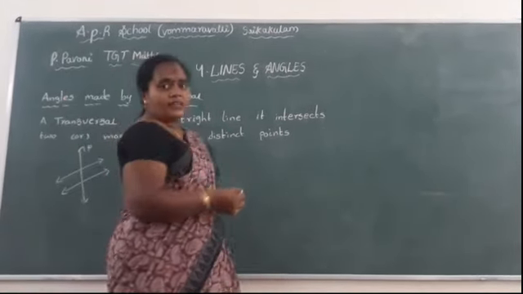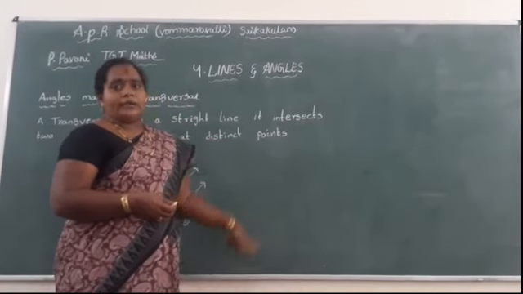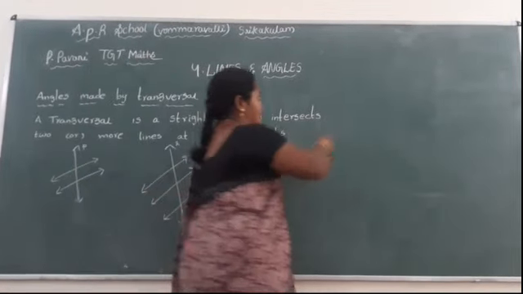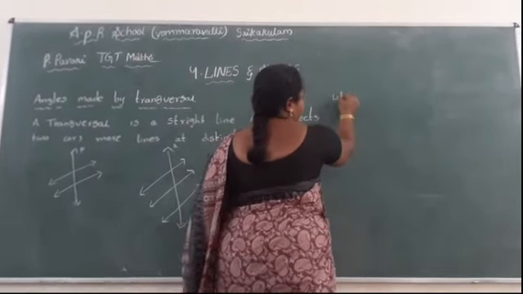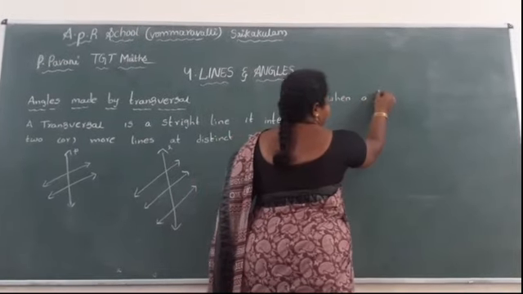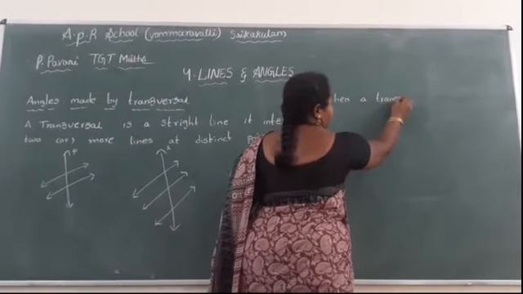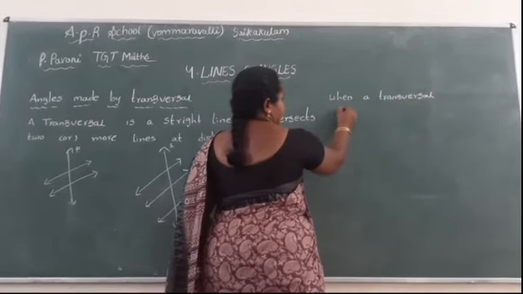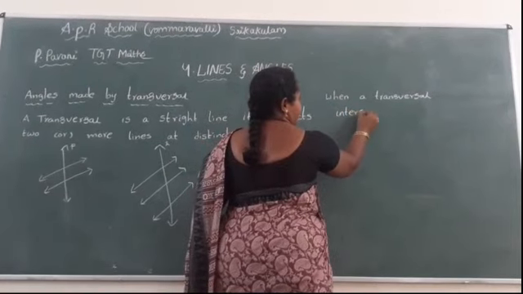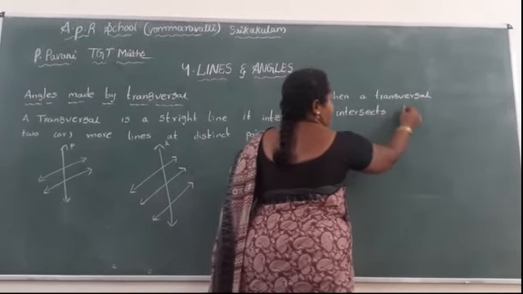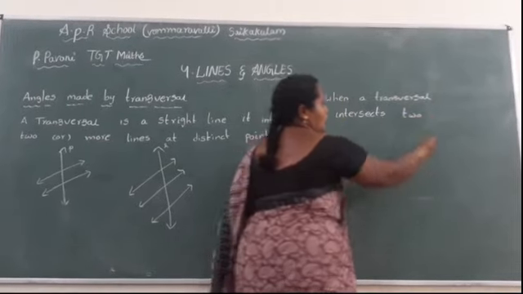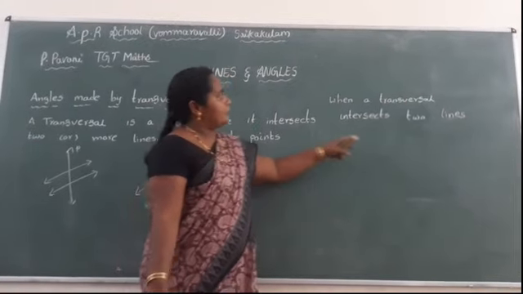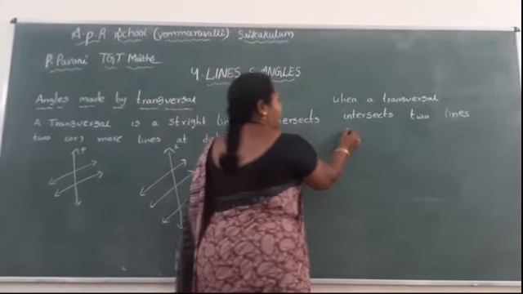When a transversal intersects two lines, 8 angles are formed.